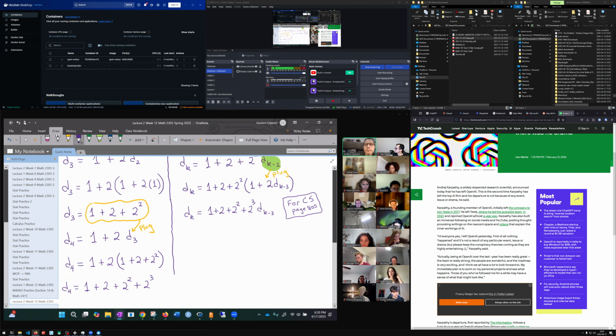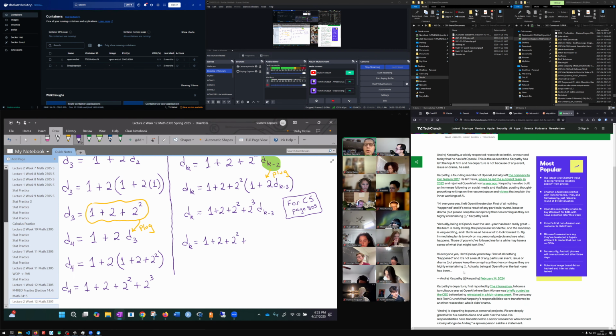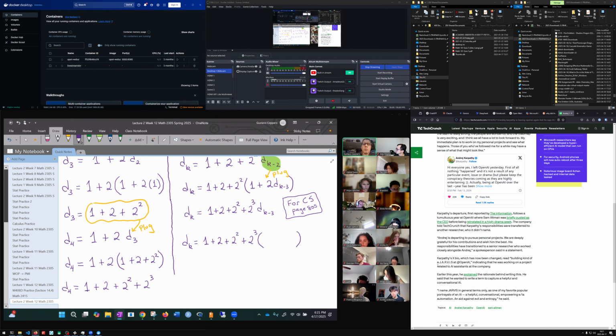The D_k is equal to 1 plus 2 plus 2 squared plus 2 cubed times 1 plus 2, D_{k-4}.